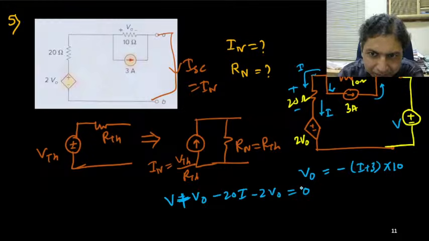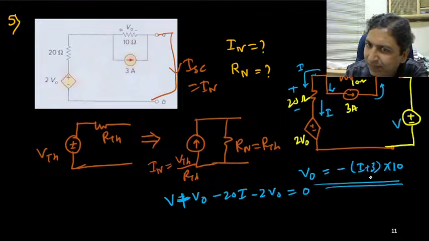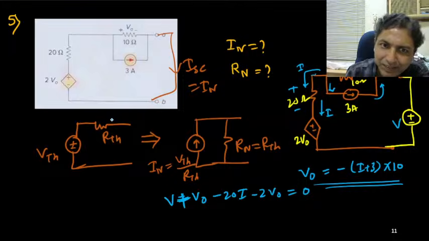Is it okay? So if you see this one now, if you replace V naught by these things, you will be getting the V and I relation. So try to get the V and I relation, and there you will find out VTH and RTH.